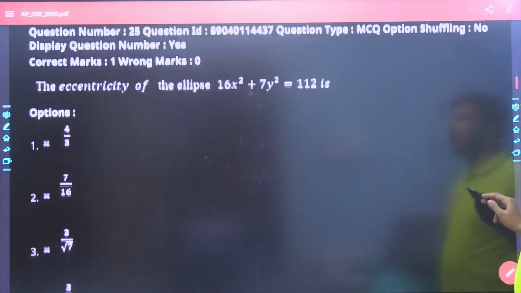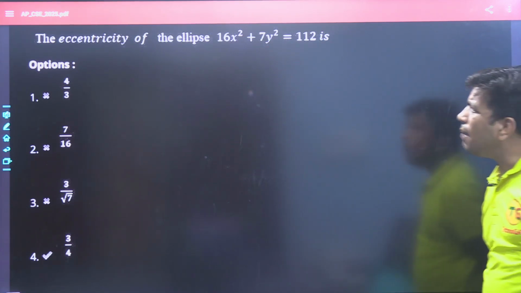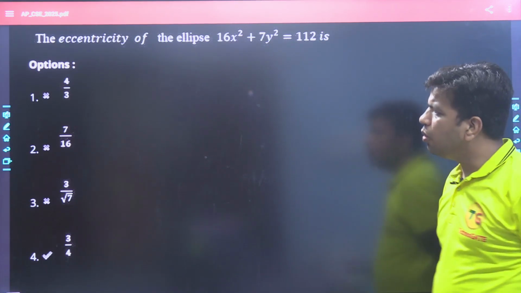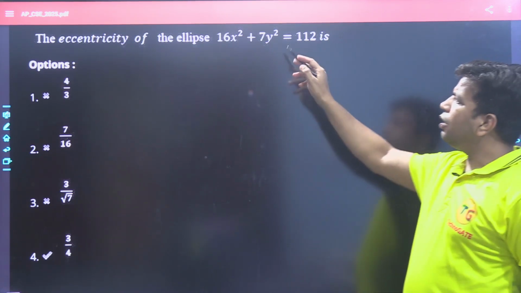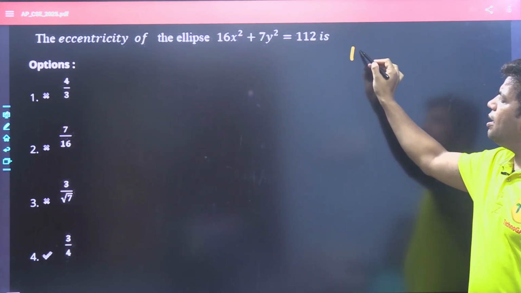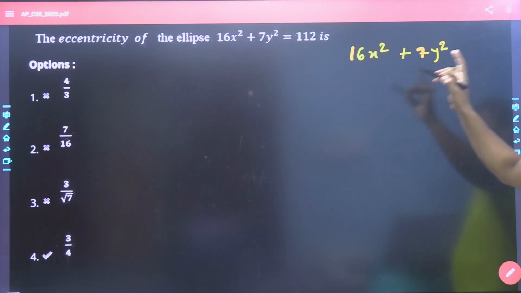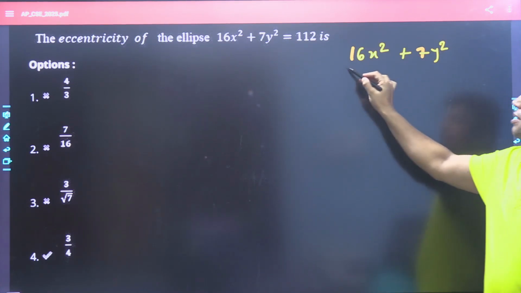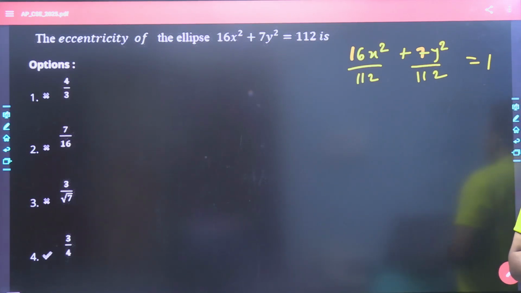Now the next question is the eccentricity of ellipse 16x square plus 7y square equals 112. So we need to find out the eccentricity. So what is the formula for the eccentricity? First of all you need to convert that into the ellipse form equation. So 16x square plus 7y square equals 112, just divide by 112, so the right side becomes 1.